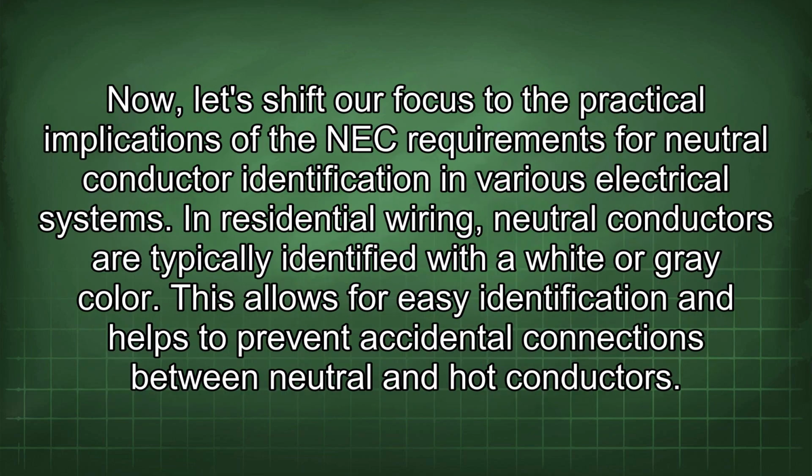Now, let's shift our focus to the practical implications of the NEC requirements for neutral conductor identification in various electrical systems. In residential wiring, neutral conductors are typically identified with a white or gray color. This allows for easy identification and helps to prevent accidental connections between neutral and hot conductors.